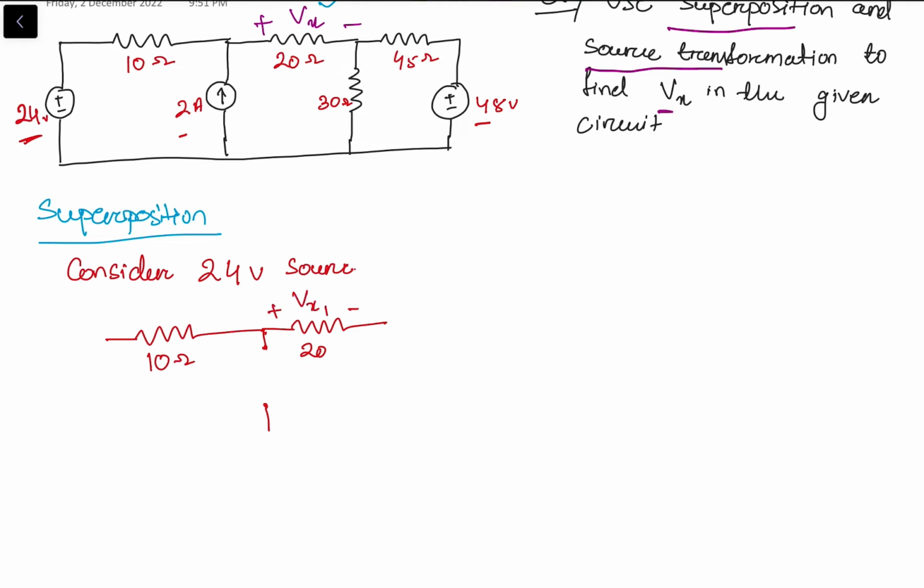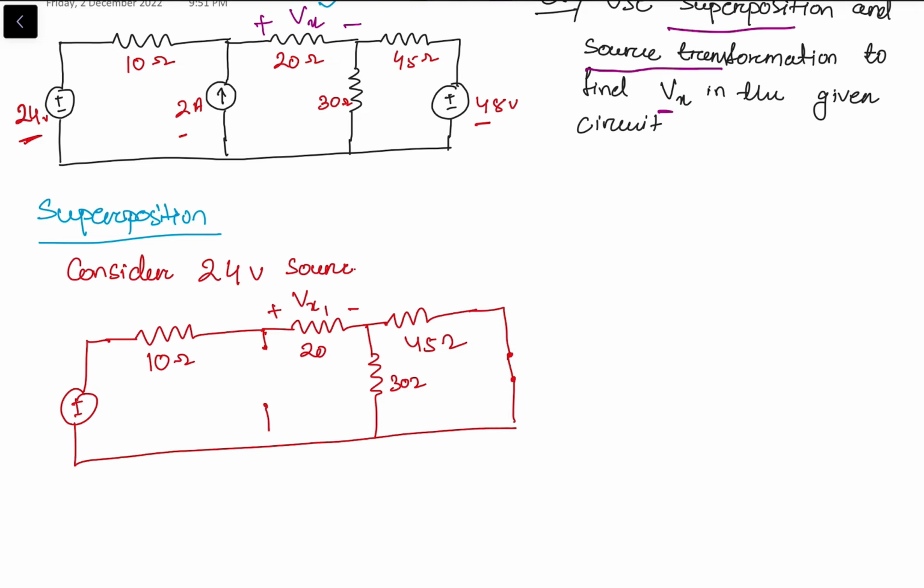I will write Vx1 here, and then the 45 ohm is there, and here the 30 ohm is connected. The voltage source was there, so I have to short circuit it here, and I am considering the 24 volt source here. So now the new circuit will look like this, and we have to find the value of Vx1 in this circuit.